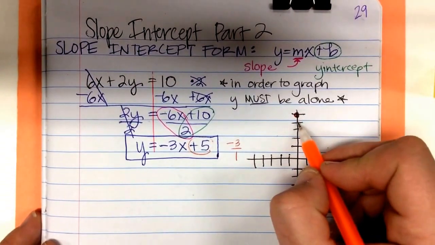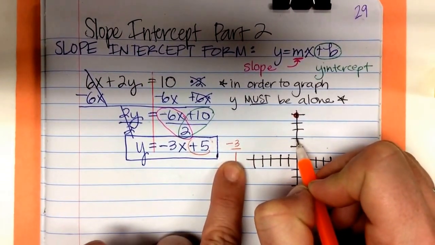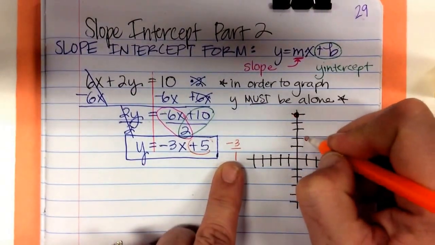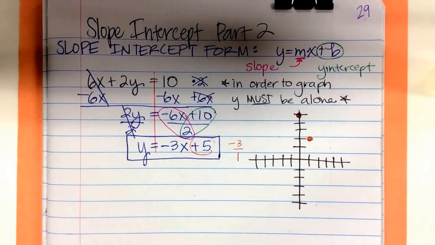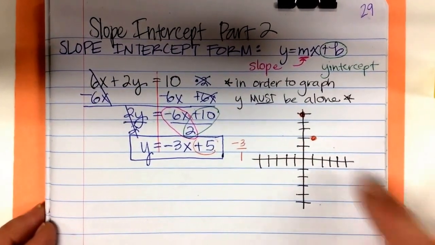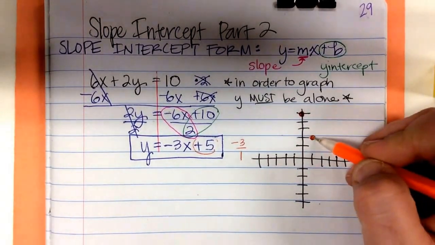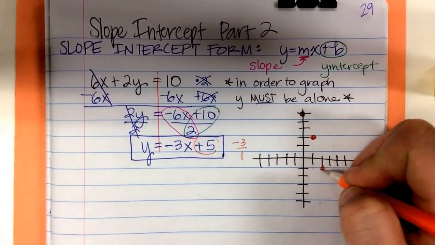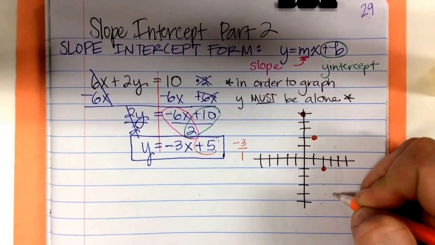Go down 3, and then positive 1. Which way is positive 1? To the right. Because we are algebra students, we cannot be slackers. This is not good enough. We need to put as many dots as fit on our graph. 1, 2, 3 over 1.